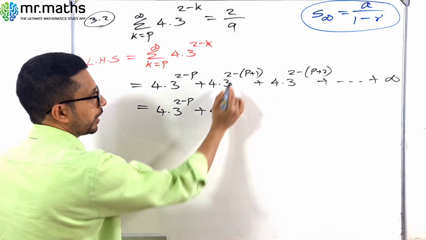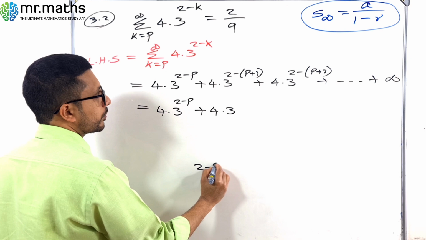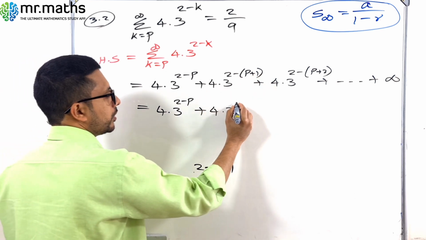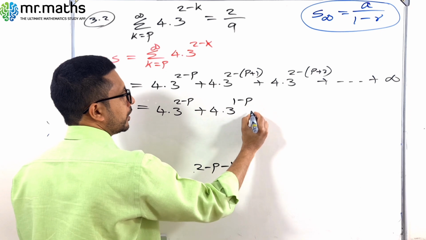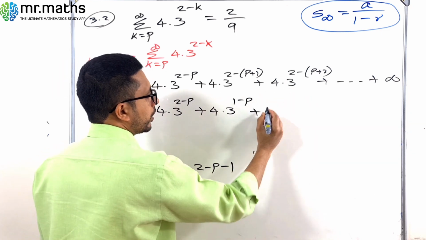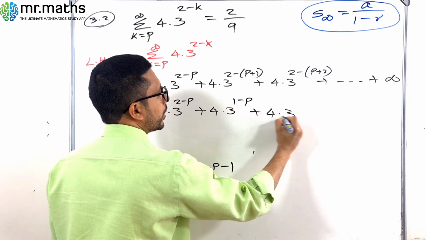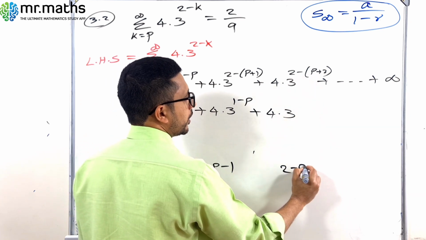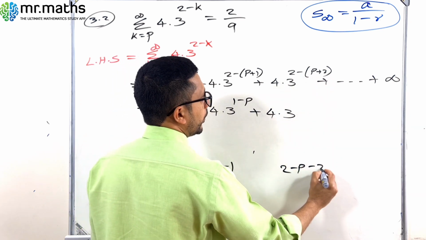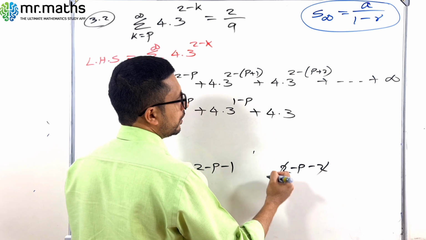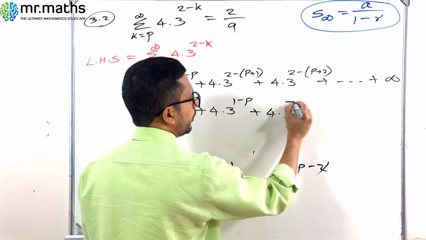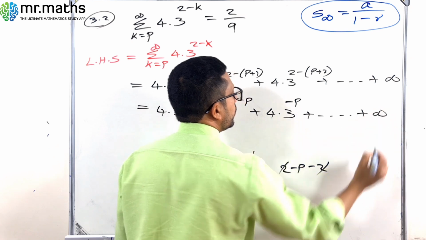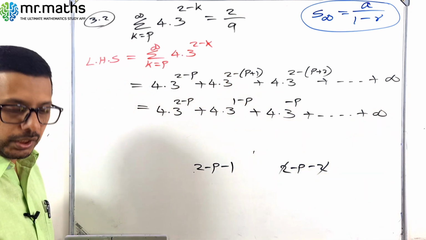If I expand the bracket, minus into p is minus p, minus into 1 is minus 1, 2 minus 1 is 1, so it is 1 minus p. Plus 4 into 3 raised to, if I expand that, 2 into minus p is minus p, minus into 2 is minus 2, so it is going to be cancelled and it is going to be minus p. Plus etc. plus up to infinity, sum to infinity.